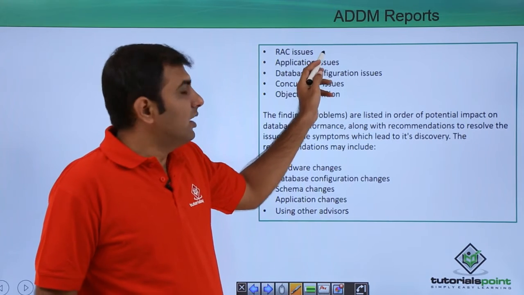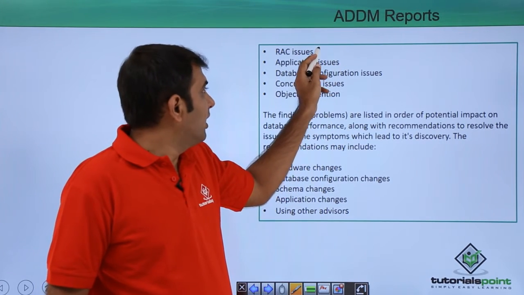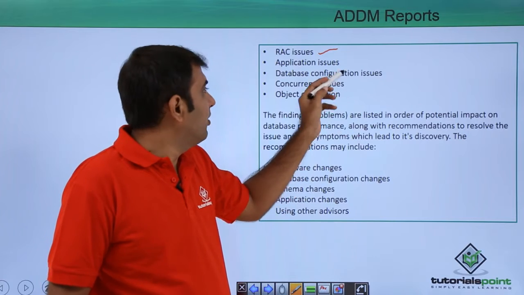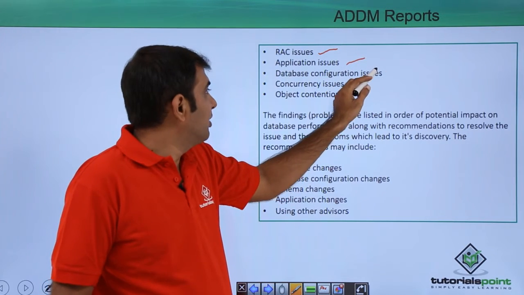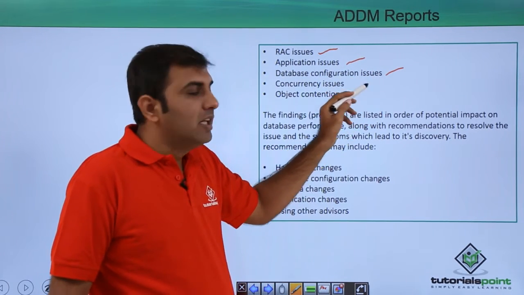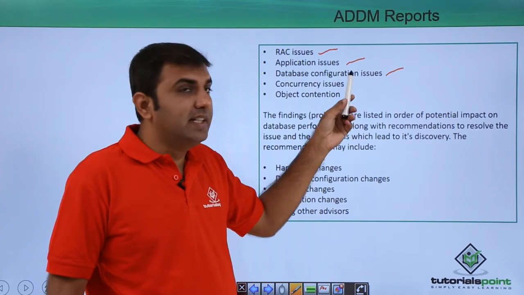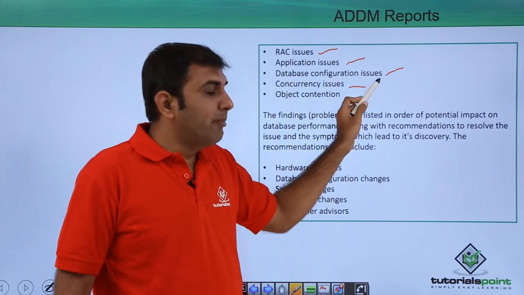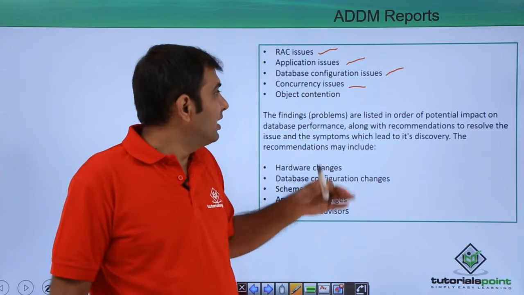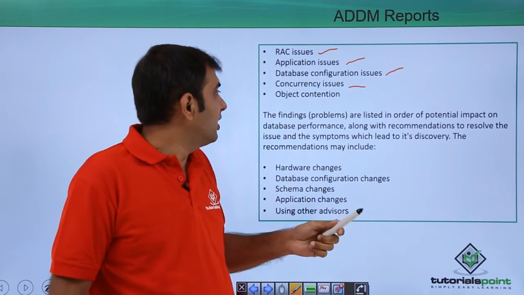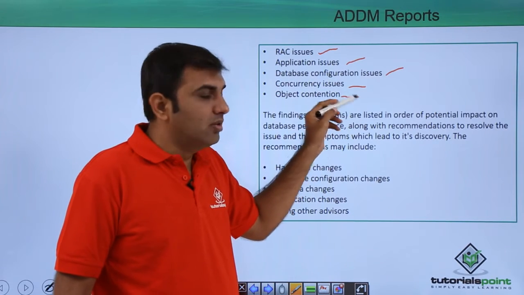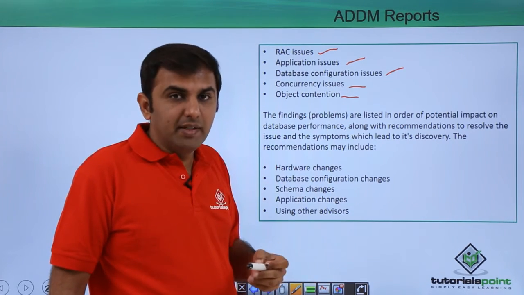Also it will give you RAC issues, if you have any kind of RAC issues, application issues, and database configuration issues, if a proper parameter is not set up, that you can also find out from the ADDM. Concurrency issues, any locking that occurs frequently, is also reported under concurrency issues. Object contention is also given by the ADDM reports.